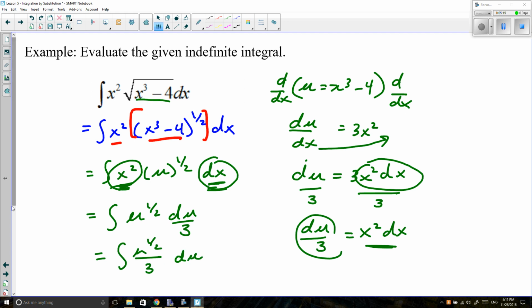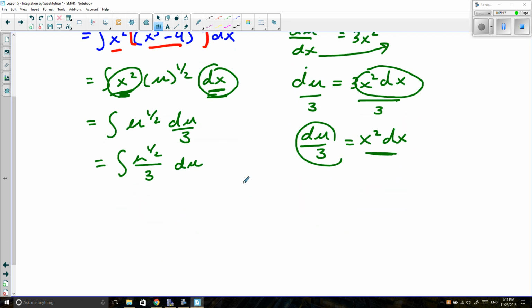Now I can take the antiderivative because everything's in terms of u. I get u to the power of 1/2 plus 1, which is 3 over 2, and then divide by 3 over 2 as well. I had a 3 originally, so I'm dividing by 3 times 3 over 2. Add c at the end.